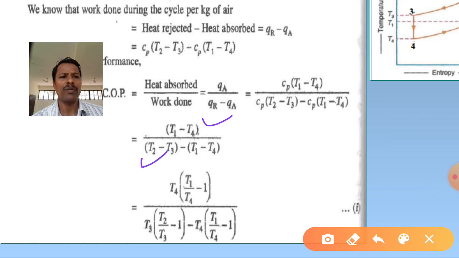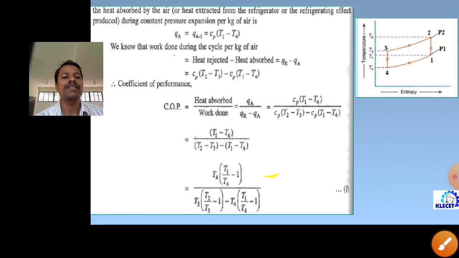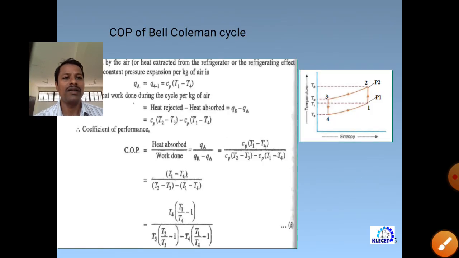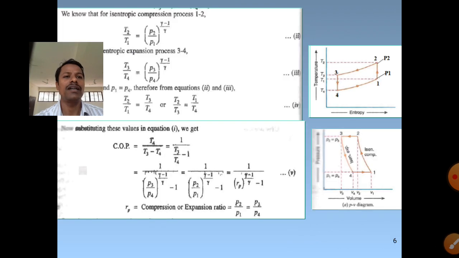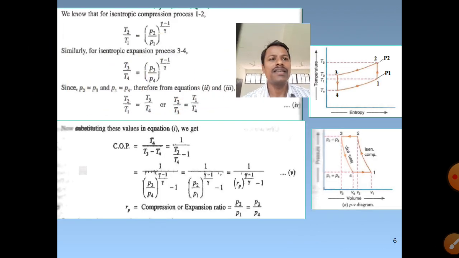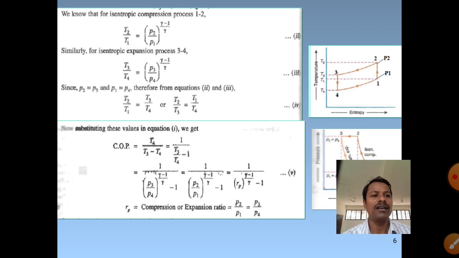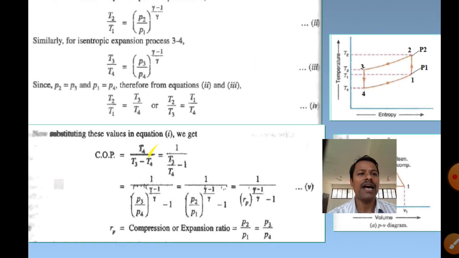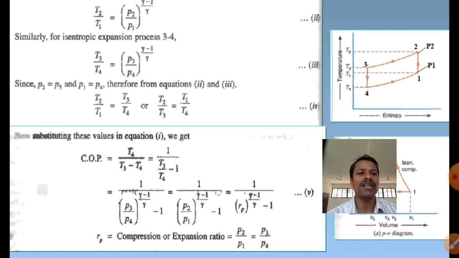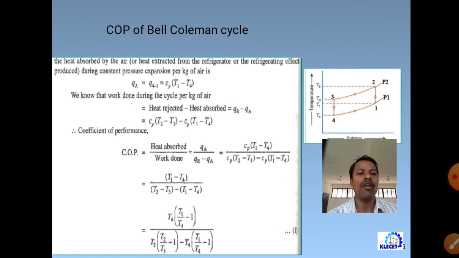If I take T3 common, it will be T2 by T3 minus T1, and let me take T4 common from the second bracket of the denominator. It will be T1 divided by T4 minus T1. This is the next step. Let us proceed with the derivation. Since the processes are isentropic, we can apply the isentropic laws.